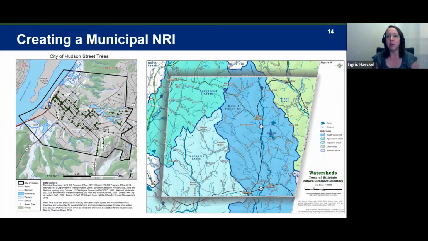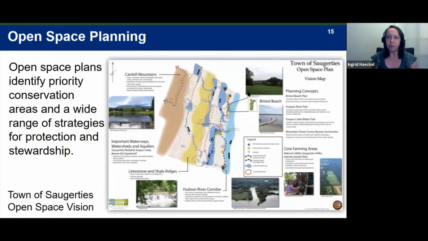They also inventoried local farm operations and undertook field surveys at several sites around the town and documented some rare plants. So there's value to that local perspective for sure. If you're interested in developing a local NRI, you can reach out to our program for more information.